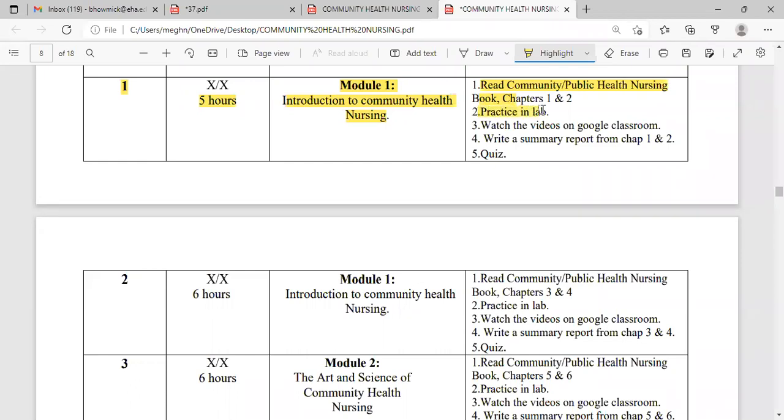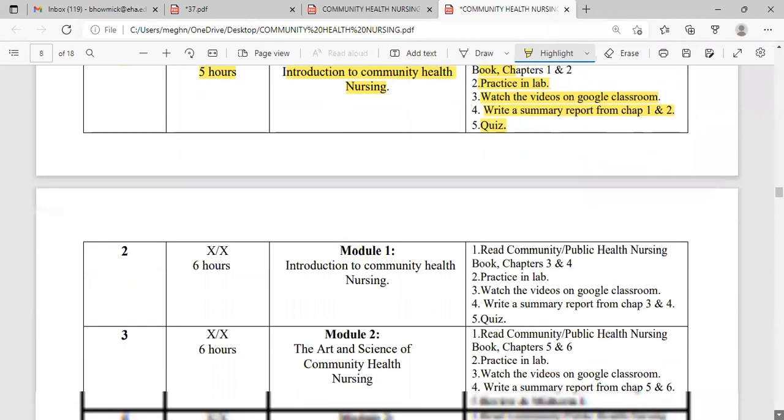You practice in lab and watch the videos in Google Classroom. Also, you have to make a summary report from chapters 1 and 2, and sit for the associated quiz, usually in week 1, quiz number 1.